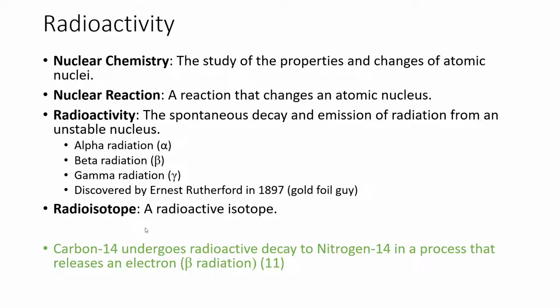So for example, carbon-14 undergoes radioactive decay to nitrogen-14 in a process that releases an electron through what's called beta radiation. If we take a look at the nuclear equation that underlies this nuclear decay, we see carbon-14.